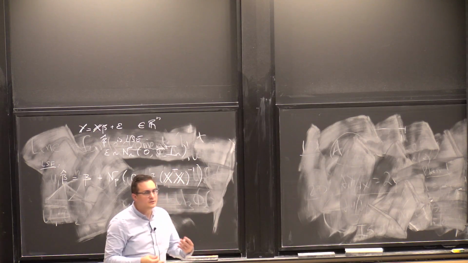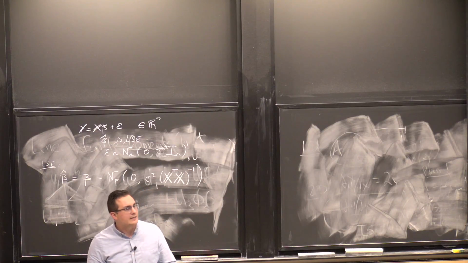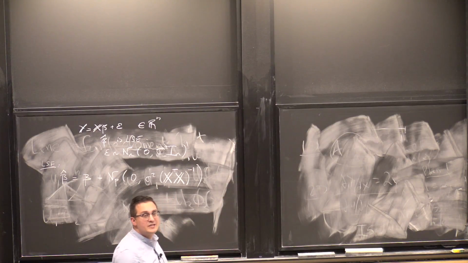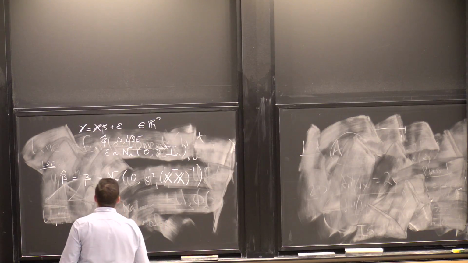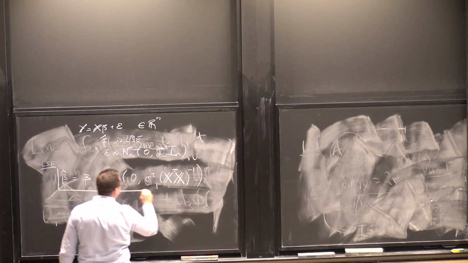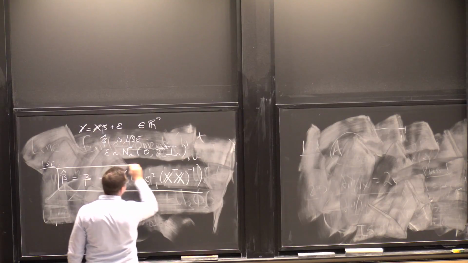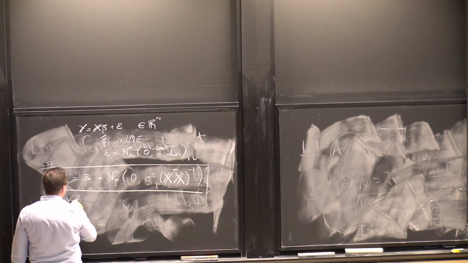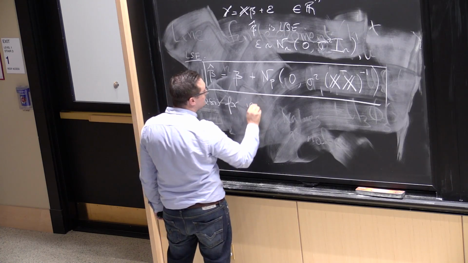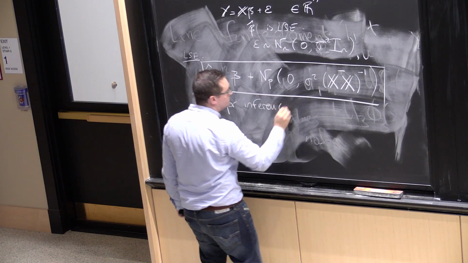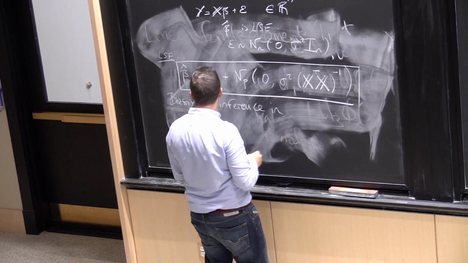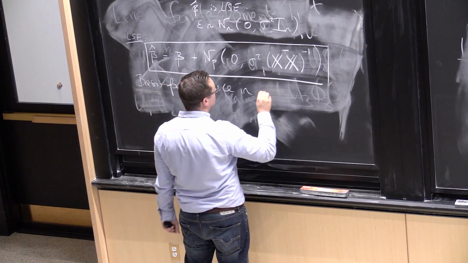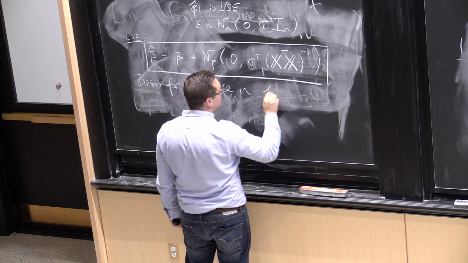The way we derived that was by having a cancellation between X transpose X and X transpose X inverse. So this is the basis for inference in linear regression.